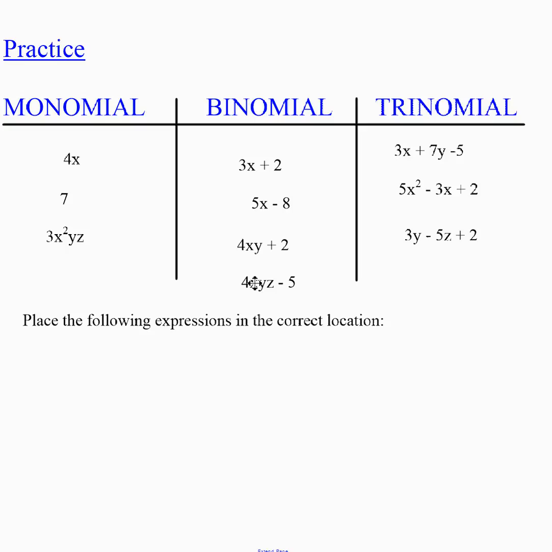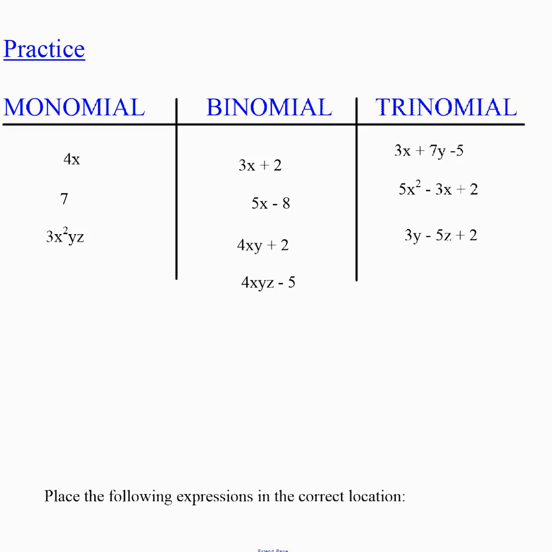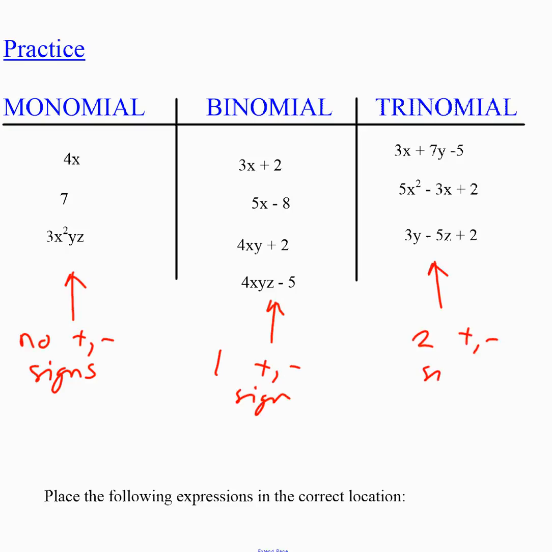So one thing that you want to notice in this column, there are no plus or minus signs. Here, there is one plus or minus sign. And here, there are 2 plus or minus signs. That's just something to kind of notice and keep in mind when you're trying to identify how many terms something has.